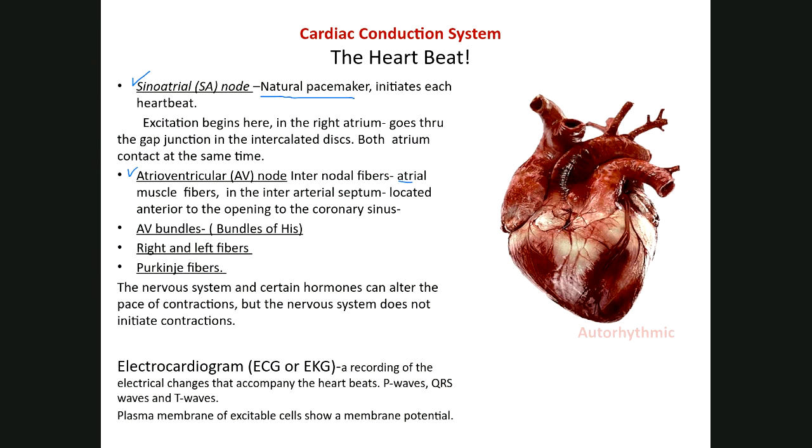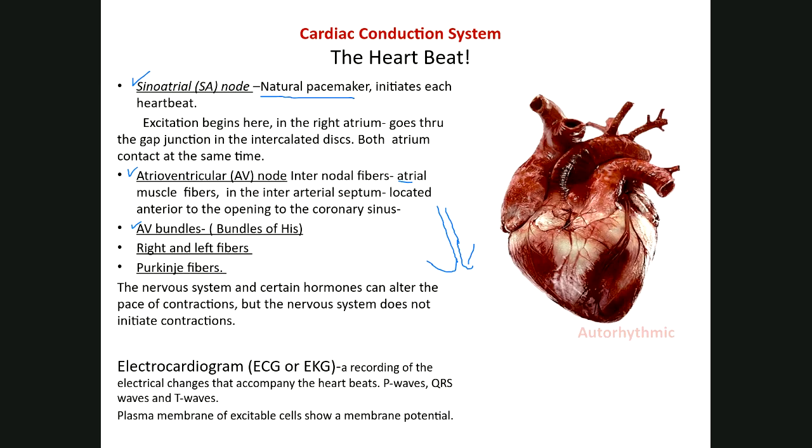Then this impulse is going to travel to the AV bundle of His, which is located in the septum between the right and left ventricle. Then as it reaches the apex of the heart, it's going to travel up the ventricles and eventually into the Purkinje fibers, which will initiate the ventricles to contract at the same time.